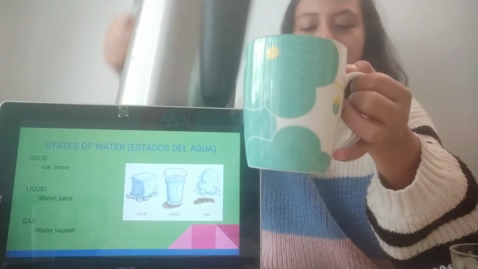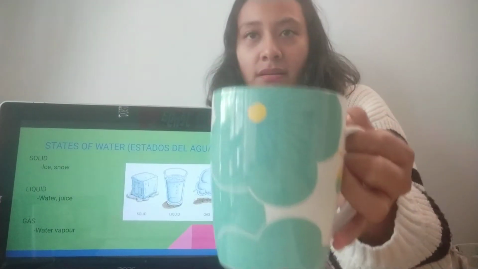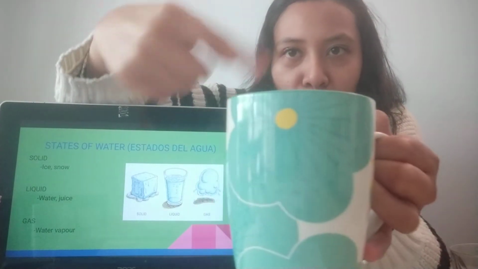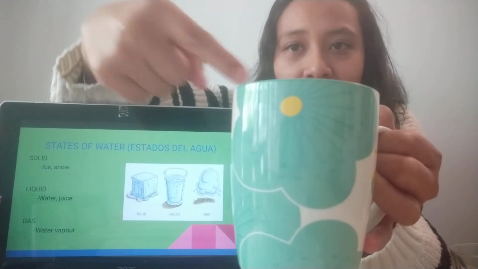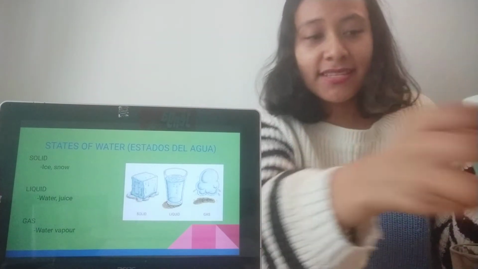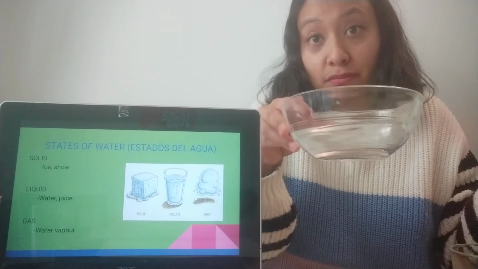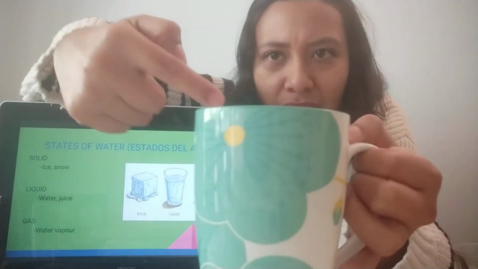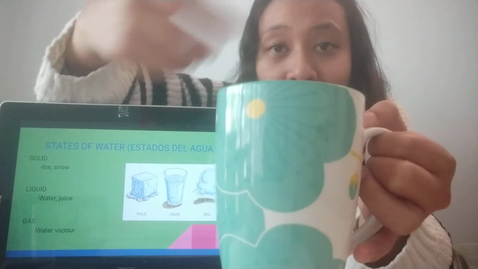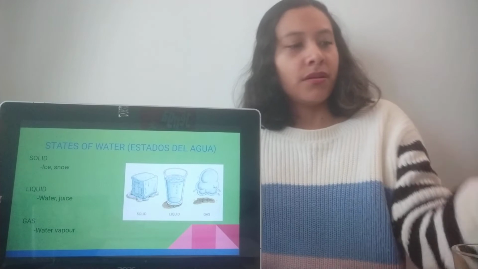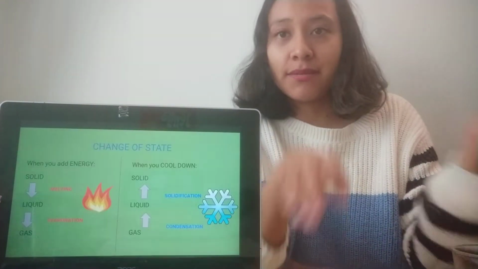I don't know if you can see the steam coming out. See, when you boil water, there's water vapor coming out. That's the gas, okay? So remember, we have solid in ice, we have liquid in regular water, the one that you drink, and we have water vapor. When you put heat, when you boil the water, all right? So those are the three states.